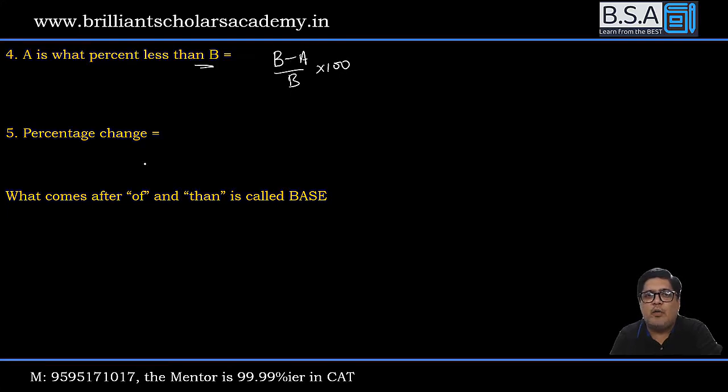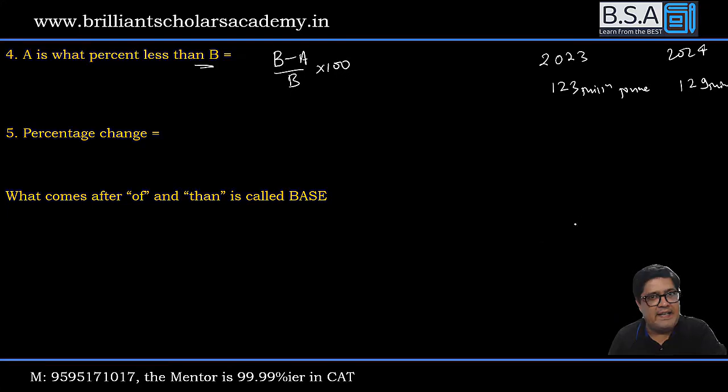Now whenever a question is based upon percentage change, like if I say in 2023 production of rice was 123 million ton. Let us say in 2024 it is 129 million ton.